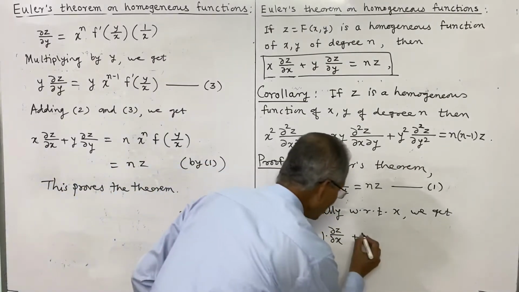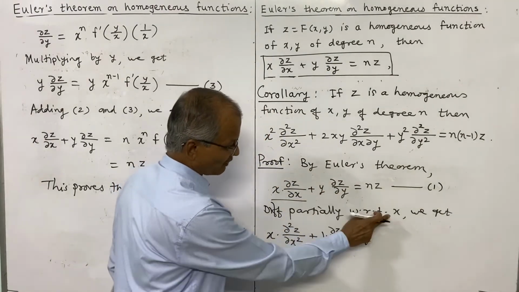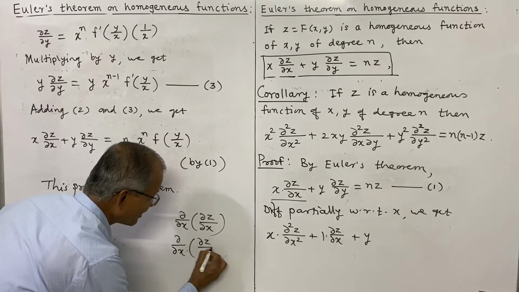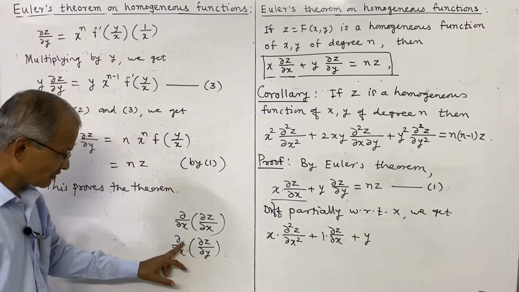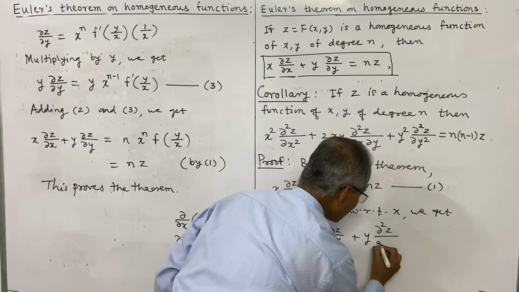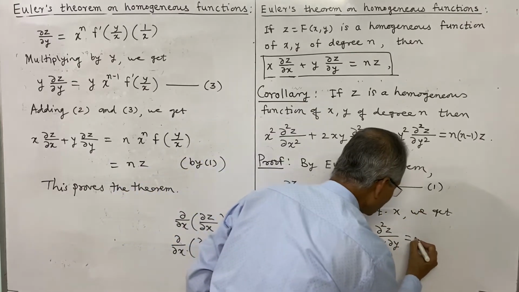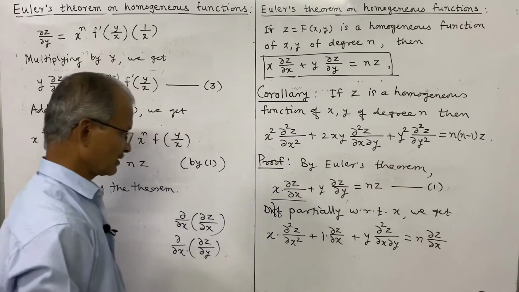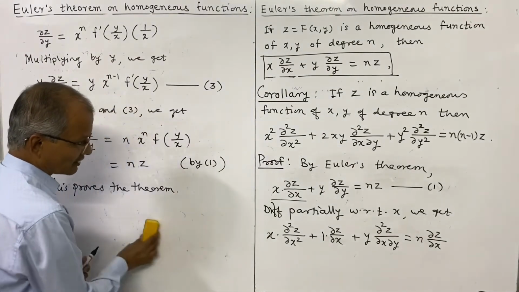We write y as it is, and only the derivative of ∂z/∂y with respect to x, that is ∂²z/∂x∂y. On the right side, n is constant and the partial derivative of z with respect to x is ∂z/∂x.